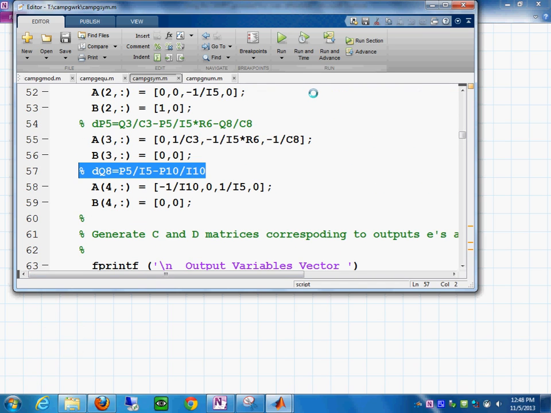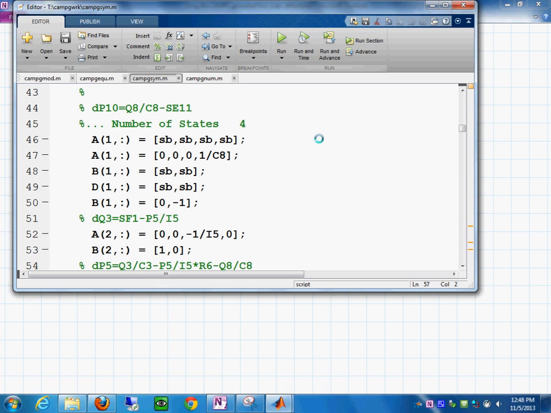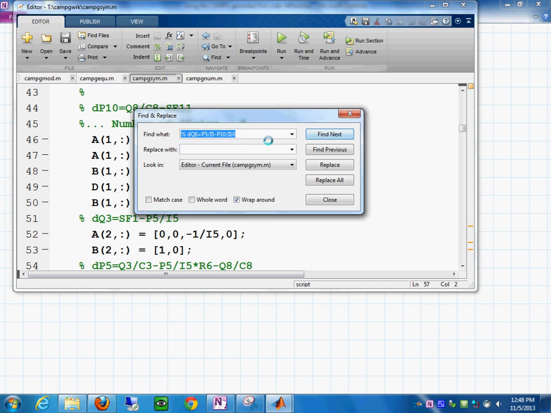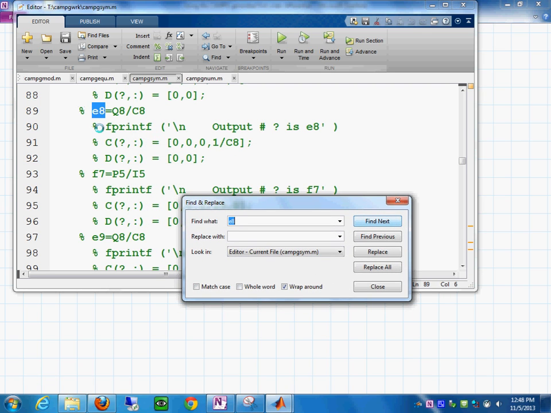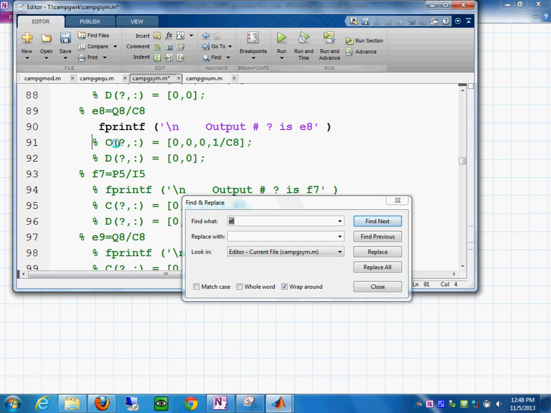So in this file you can take a look and find where that is. We click on find, and if we type E sub 8 in here, you see the computer is going to direct you to where the equations of this output are. Those were generated by the CAMPG, and so you're going to tell it that this is output number 1, and that is going to be part of the C and the D matrix on the first row.